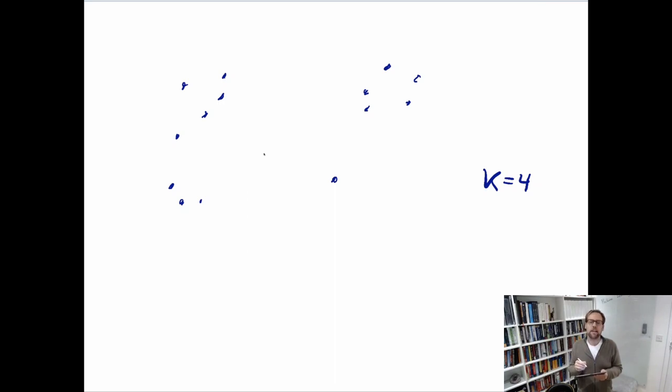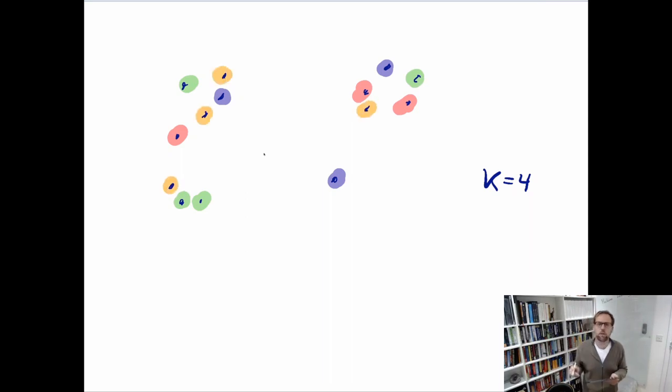Let's say the first step is to randomly assign labels. Some points here are randomly chosen red, some other points are randomly chosen blue, some other points green, sorry, and some other points are randomly chosen orange.